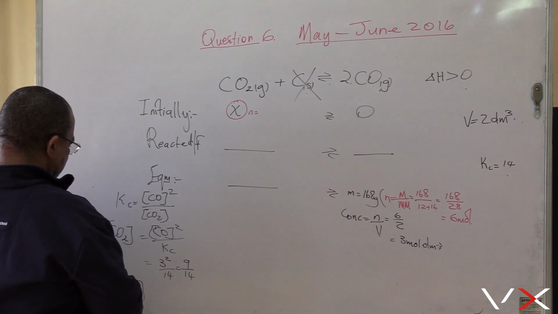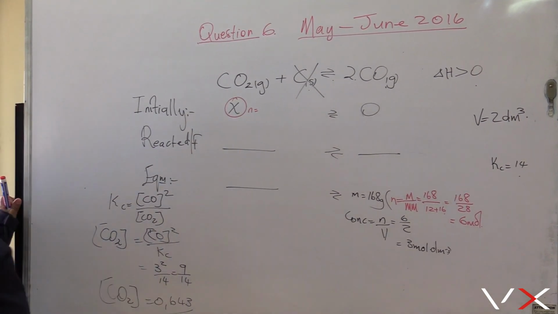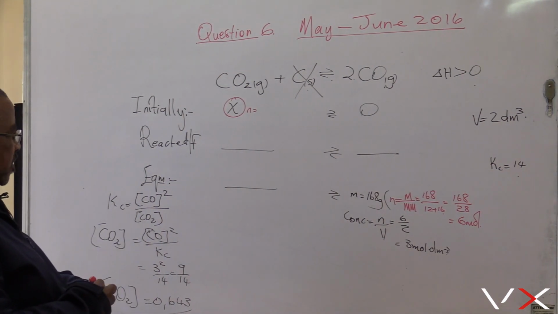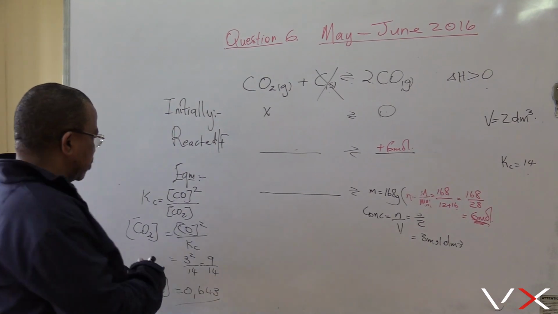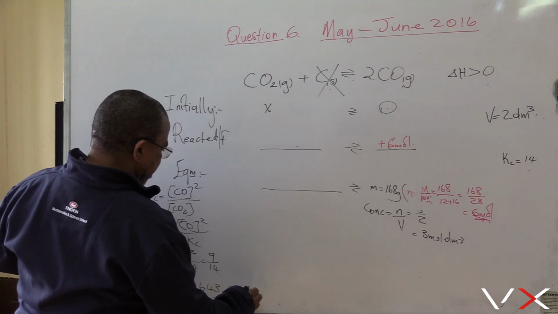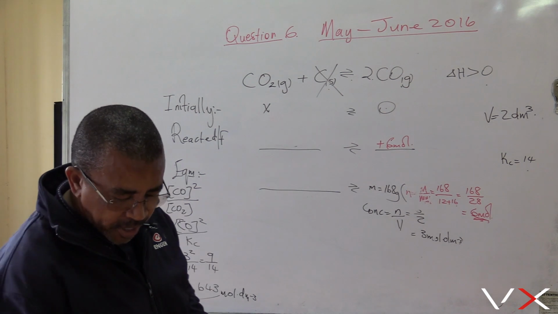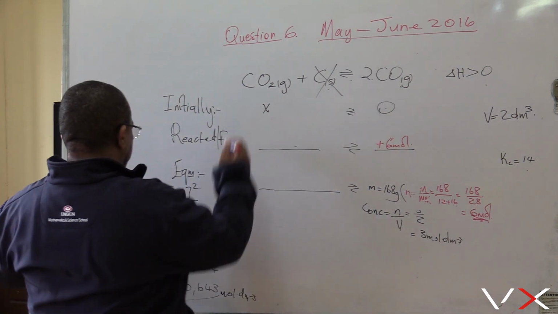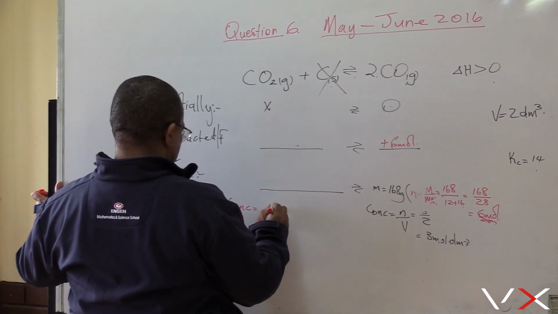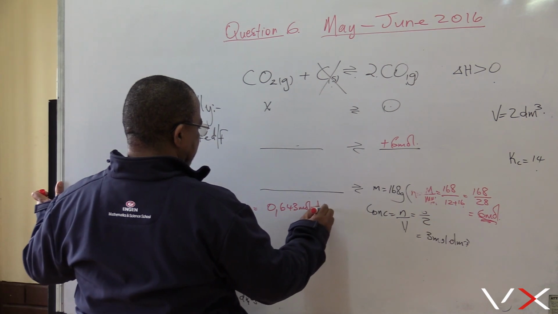So the concentration of CO2 at equilibrium is 0.643 mole per decimeter cubed.